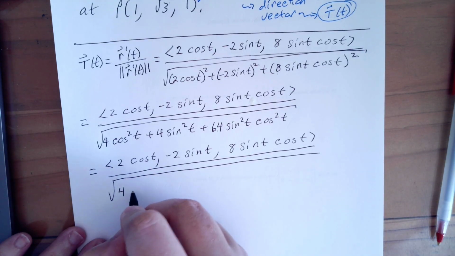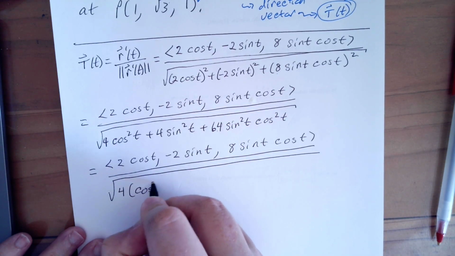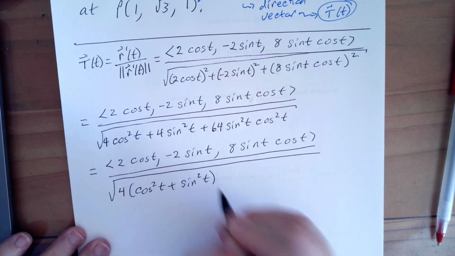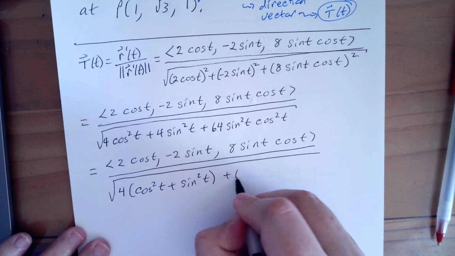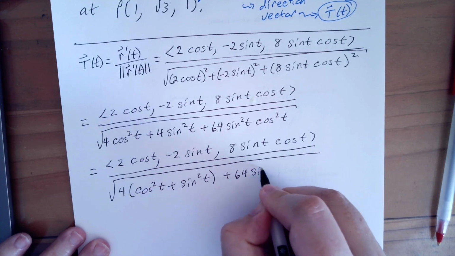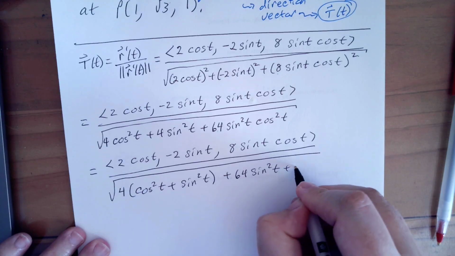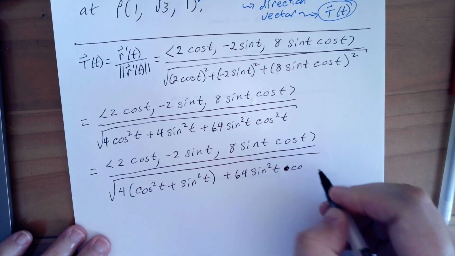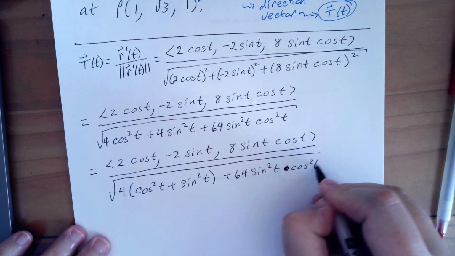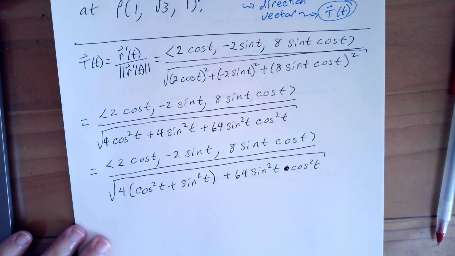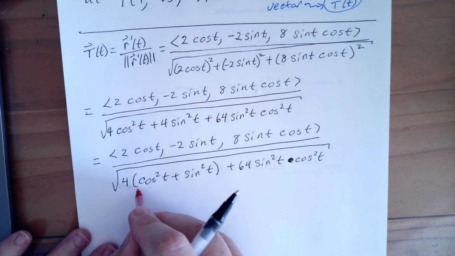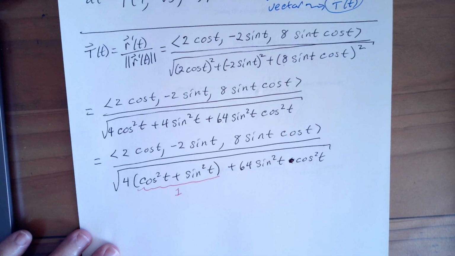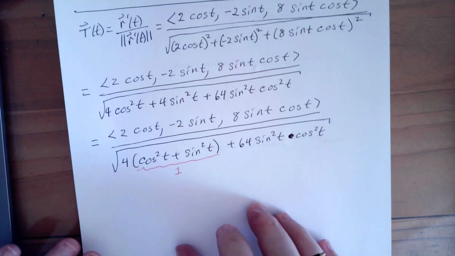So we take a 4 out, we'll have cosine squared of t plus sine squared of t, plus this 64 sine squared of t, not plus, multiplication, sorry, multiplication, cosine squared of t. There it is. And of course, this portion here gives us a 1, which is really, really nice.